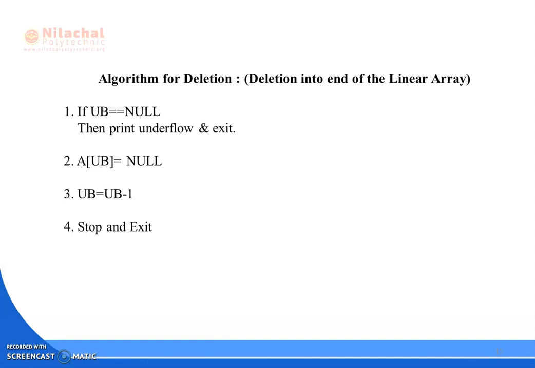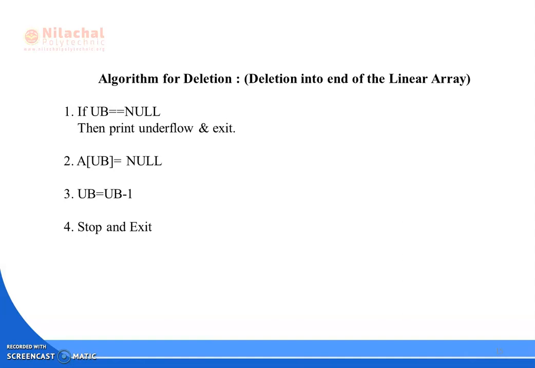So at the very first step, we check if the upper bound is equal to null. If it satisfies the condition, then it will print underflow, meaning there is no element in the linear array and we cannot perform any deletion operation here. So it will print underflow and exit.